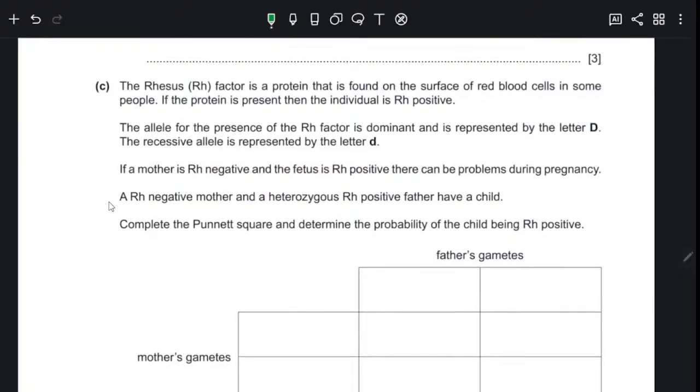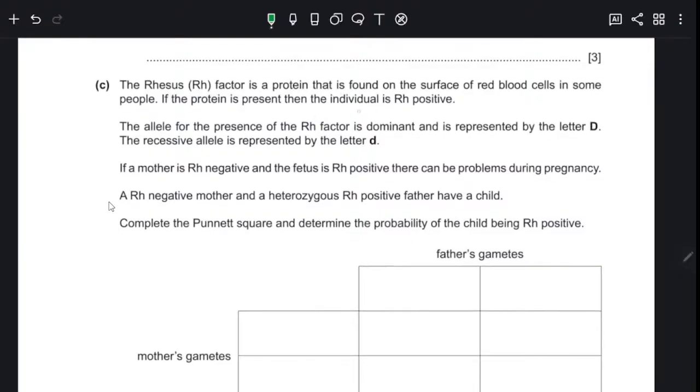This RH factor is a protein. If the protein is present, then the individual is RH positive. The allele for the presence of RH factor is dominant and is represented by D. So D is going to be the dominant one, and this is presence of RH factor.